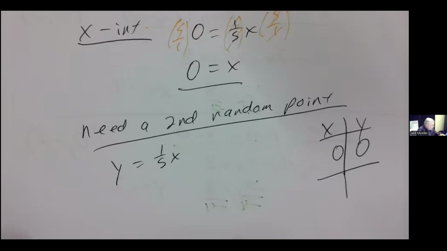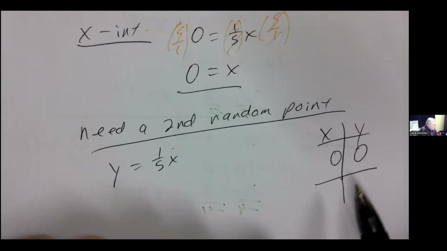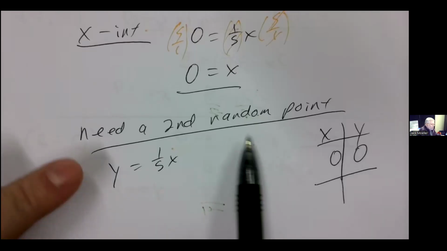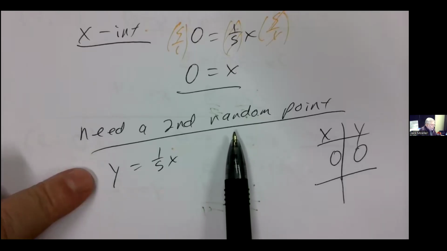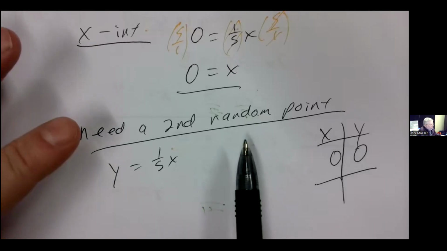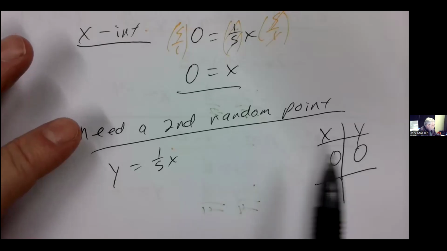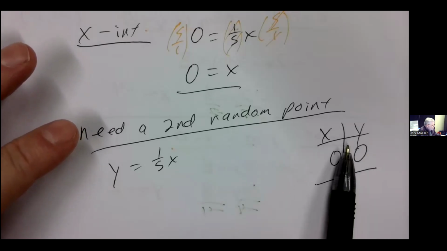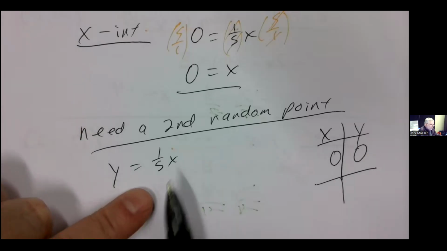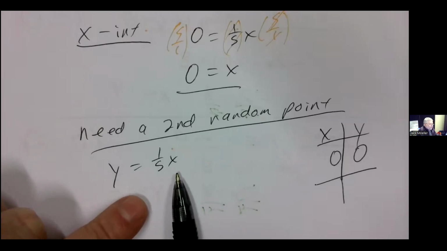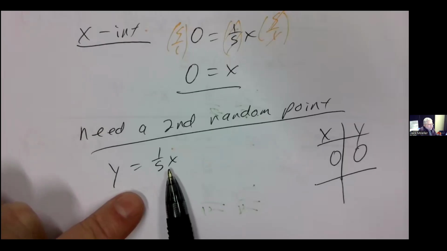Okay, I'm back. This is the one point in MyMathLab where any point will work. It can't be just the intercept. So the question is, what x can you pick to make your life a little bit simpler when it comes to the arithmetic? If you pick x equals 1, 1 times 1/5 is 1/5, you're going to get fractions. So how can you avoid fractions?